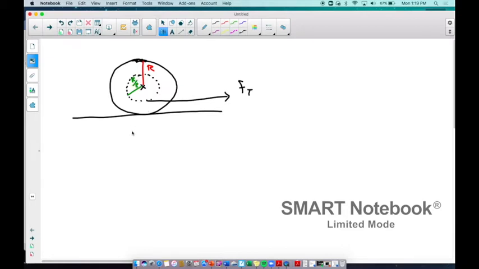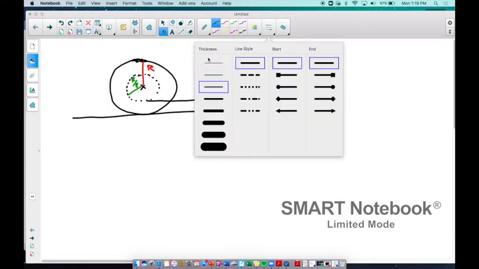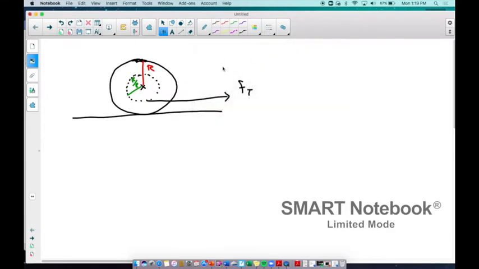Okay? So this is complicated because we know right away, just like last time, we're thinking about two things: translational motion, rotational motion. And for the rotational motion, I have two torques that I'm going to be worried about. I have this force of tension that's providing a torque right here.